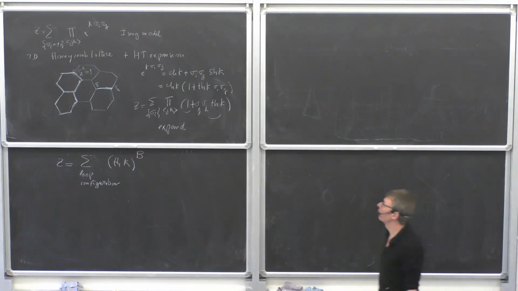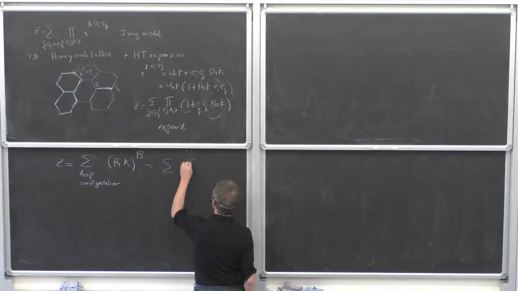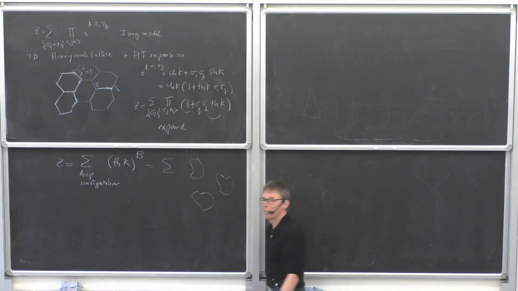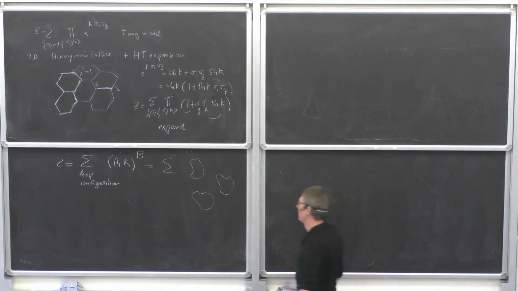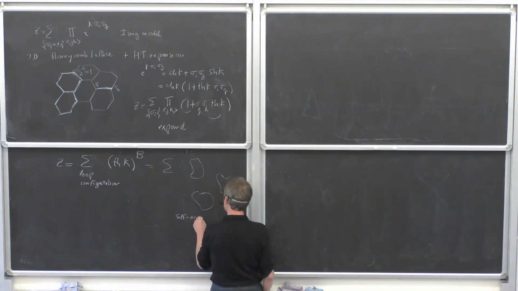So that's a very simple example of what we will call a random loop ensemble, with a sum over configurations of self-avoiding, mutually avoiding loops.